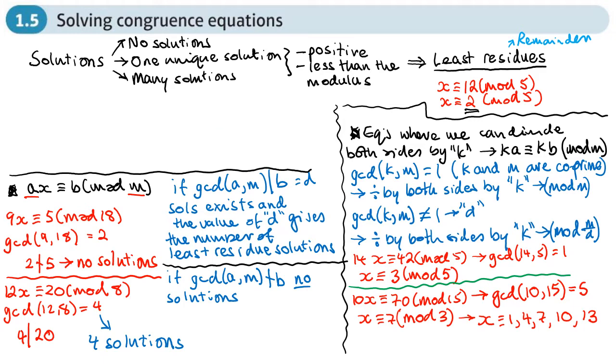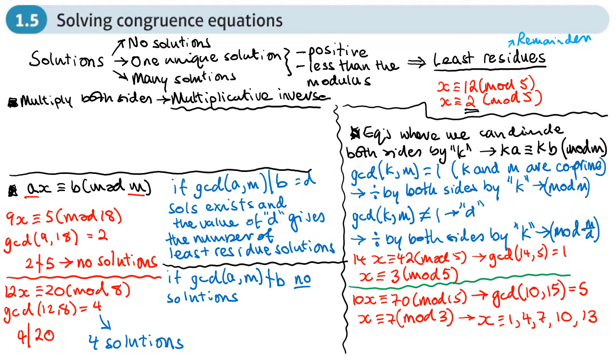The last step is where we multiply both sides, but we actually multiply both sides by something called the multiplicative inverse. Now we're going to know when to use the multiplicative inverse because we are going to have equations that look something like this.